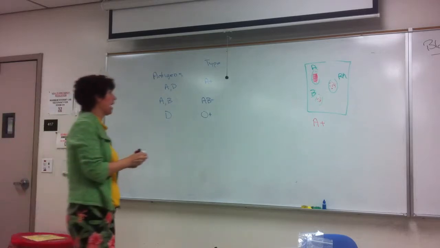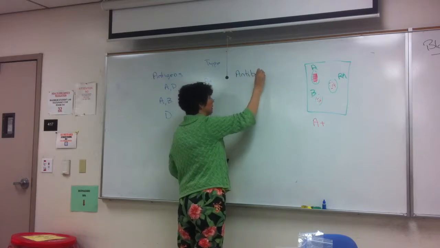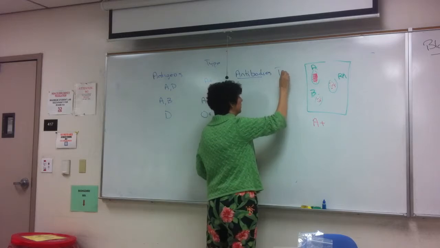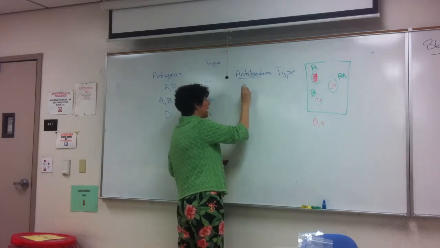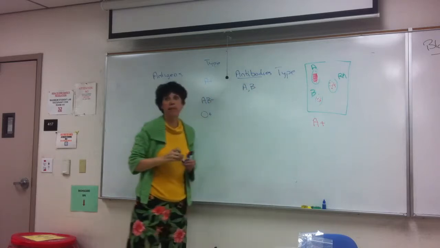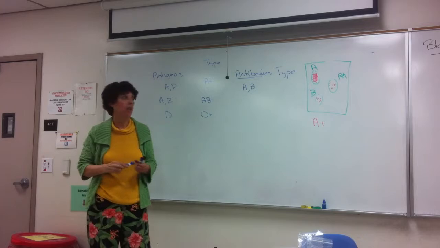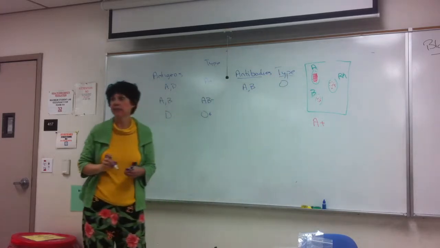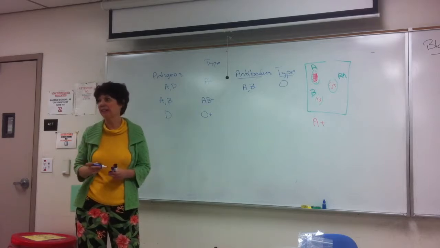Now let's look at how it happens when we're looking at the antibodies. So let's say that I have A and B antibodies. What's my blood type? O. What about the positive or the negative? Negative. Shoot, you were doing it really well there.